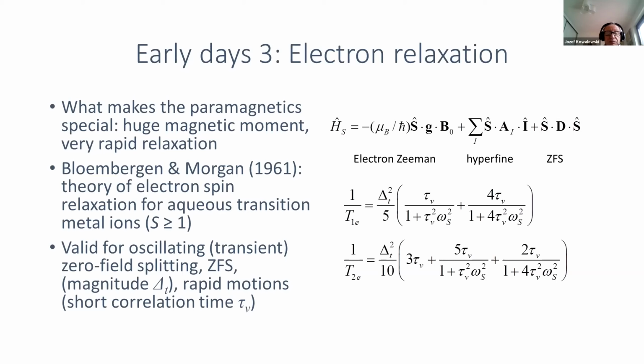And they obtained these simple equations for T1 and T2 of the unpaired electron spin, which were valid for oscillating, or we can also call it transient, zero field splitting being present. Spin 1 or higher means that we have the zero field splitting interaction present, and the magnitude of this interaction influences very much the relaxation times of the electron spin.